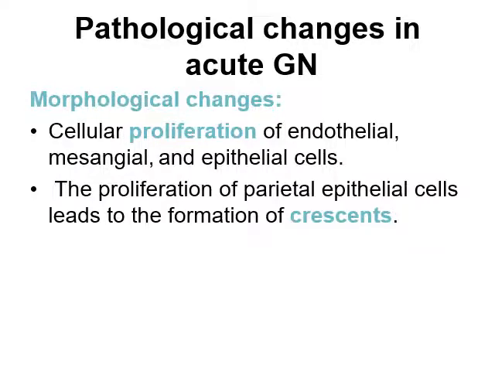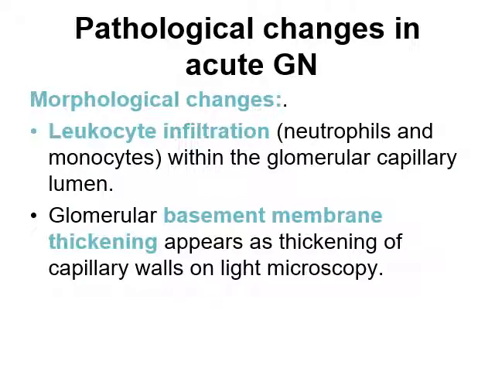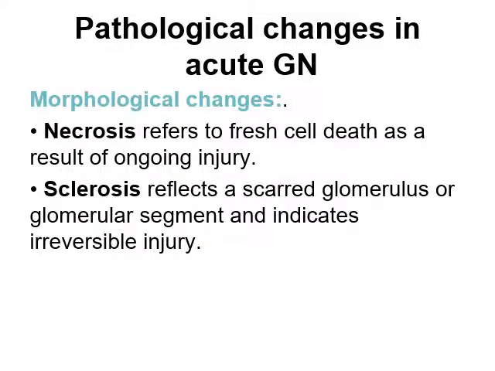Don't forget proliferation. Second, leukocytic infiltration, by neutrophils and monocytes in most of the pathologies. Number three, basement membrane thickening. Why basement membrane thickening? Because of the deposition of the immune complex.